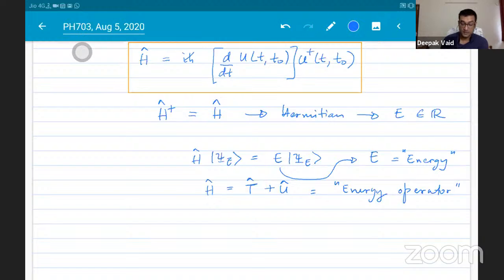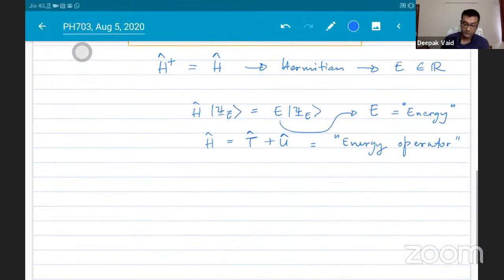Okay. So now we can ask, what if the system is in an eigenstate of the Hamiltonian? What is the time evolution of the system? So let me write down the Schrodinger equation again.